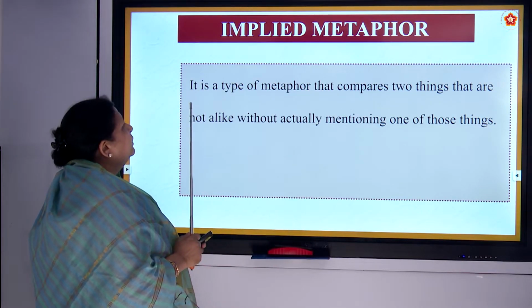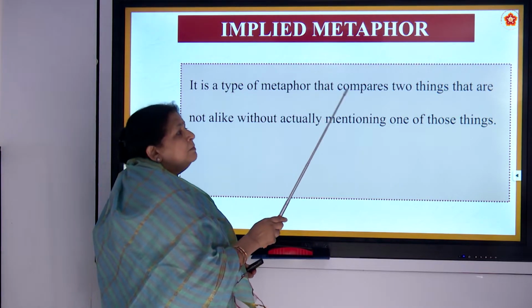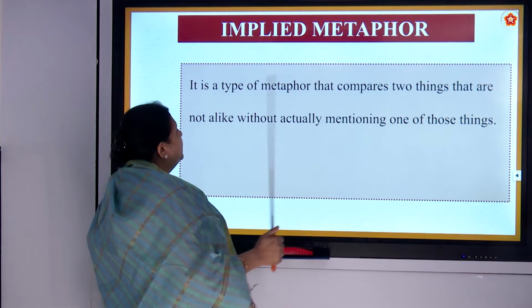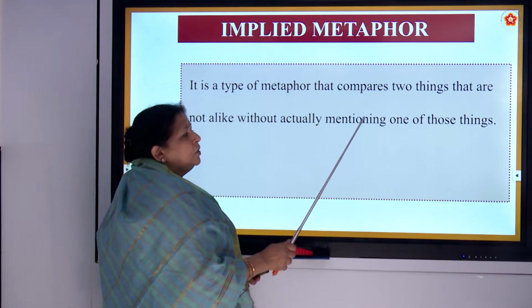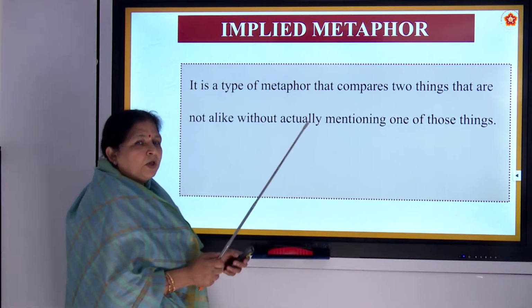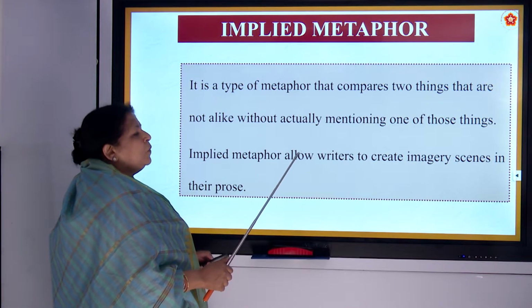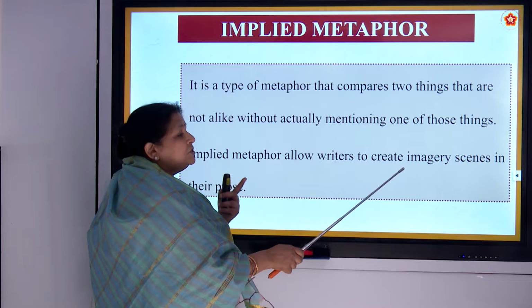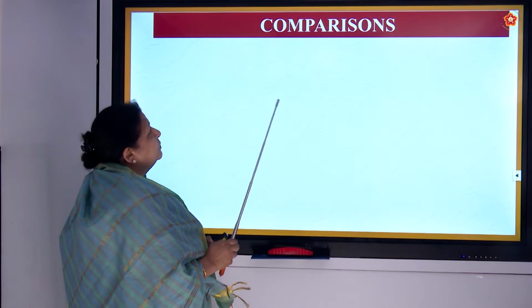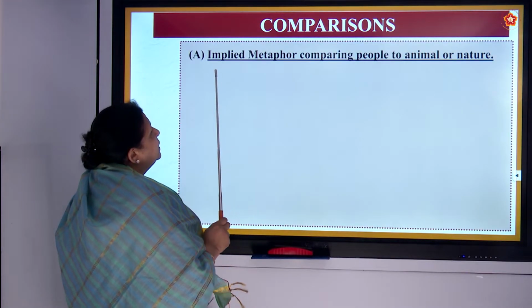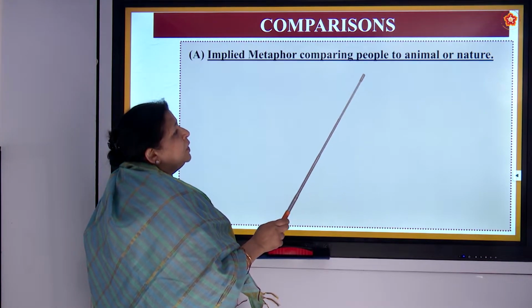Implied metaphor allows writers to create imaginary scenes in their prose. Implied metaphor compares people to animals or nature.